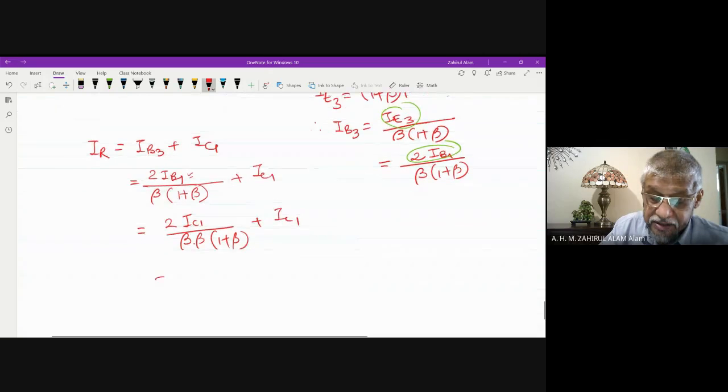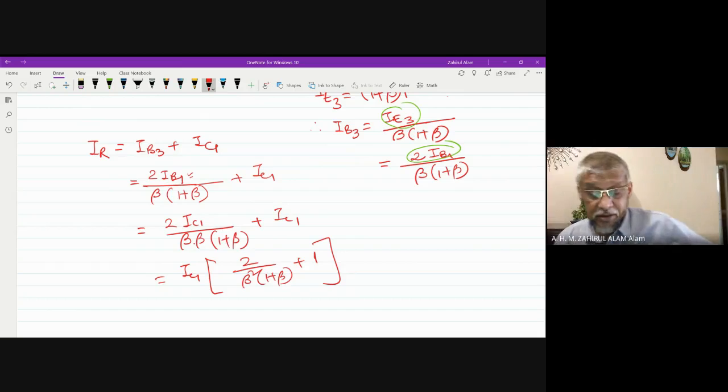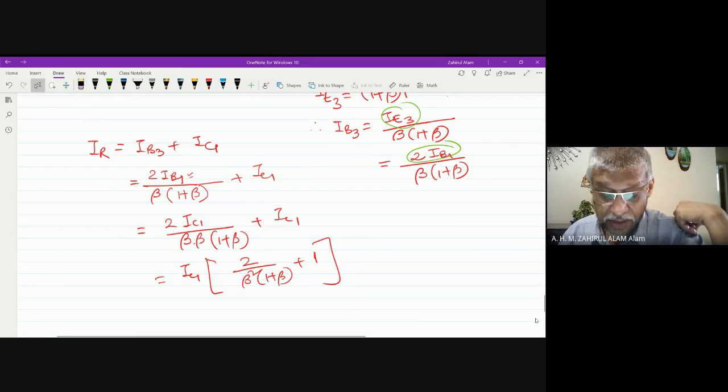So this is IC1, 2 divided by beta squared plus... there is not matching with the text. So this is supposed to be 1, beta is x.